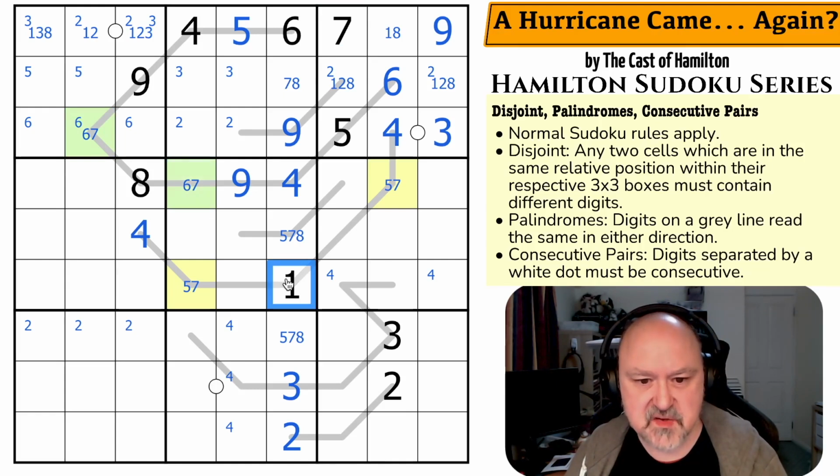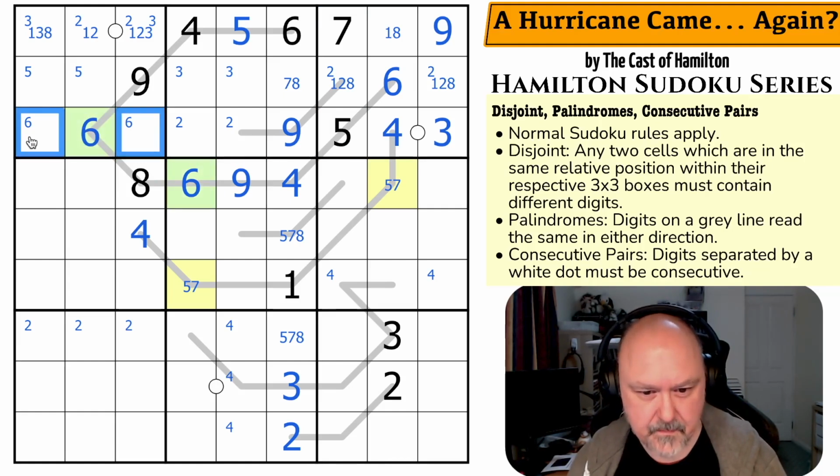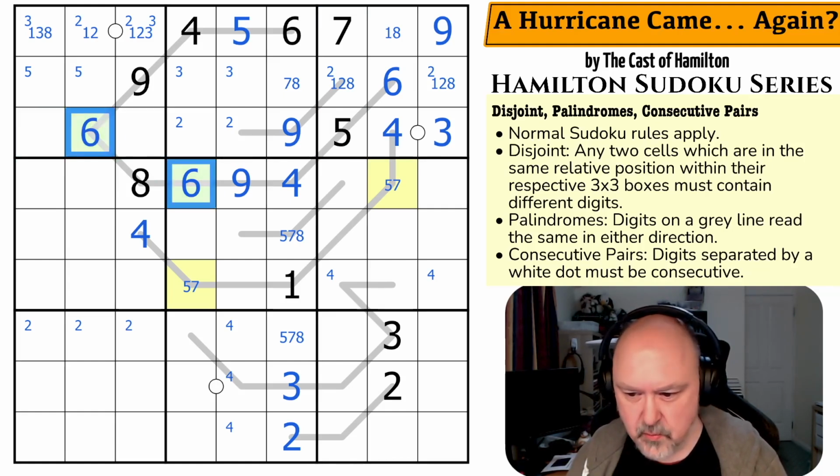So this sees 1, sees 2 because 2 has to be in here, pushing 2 down here. So sees 1, sees 2 there, sees 3, 4, 5 there, sees 7 there, and sees 8, 9 there. These are 6. So green was 6. That's cool.